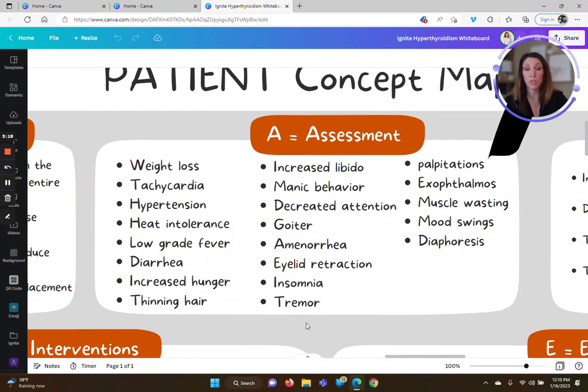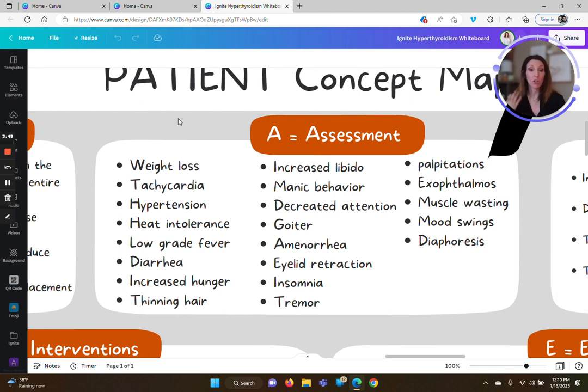All right, so we'll go over here to assessment, and this is going to be the symptoms, or the things we might see, based on their hyperthyroidism. So their thyroid is too high, okay? Everything's increased. So we're going to have weight loss because our metabolism is just going. We might be eating excessive amounts, but our metabolism is just really zooming through all of that, and so we have weight loss.